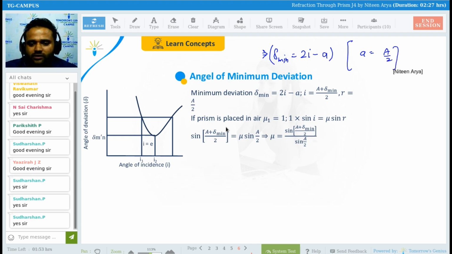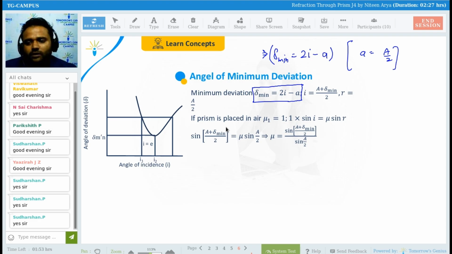Clear everyone? So this is my angle of minimum deviation. Using this, I can find the angle of incidence also and the angle of refraction also.